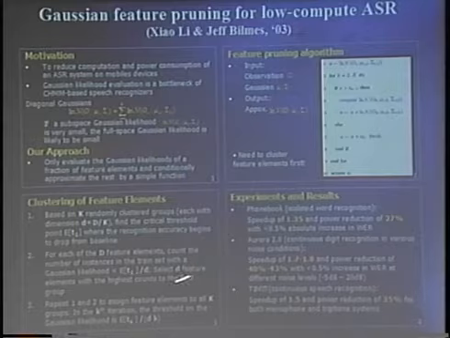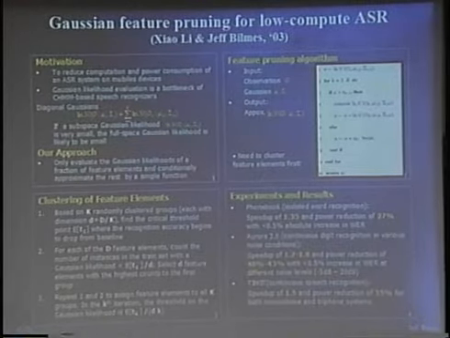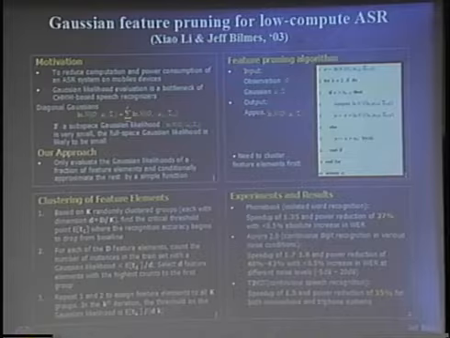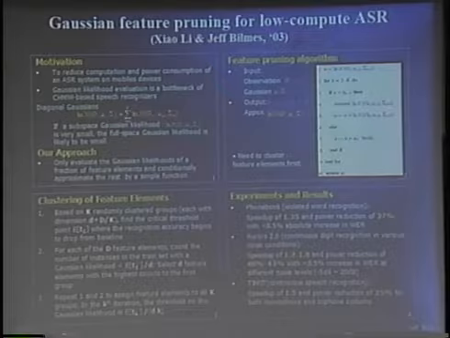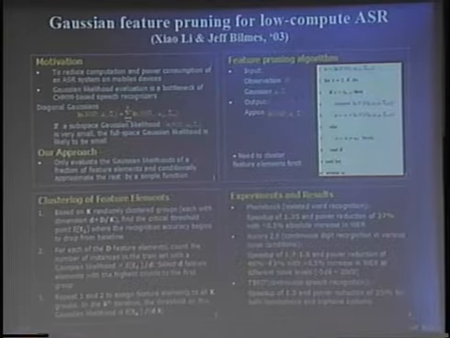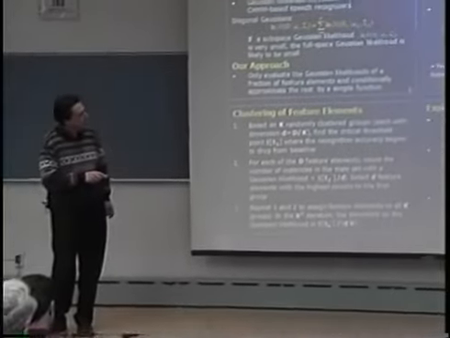We cluster the elements of the Gaussians together in such a way that you can predict the resulting likelihood of one portion of a Gaussian given another portion of a Gaussian. The basic idea is that when the likelihood evaluation of one portion of a Gaussian is small, rather than estimating the rest of it, we just predict it by a simple linear function, which is described here.